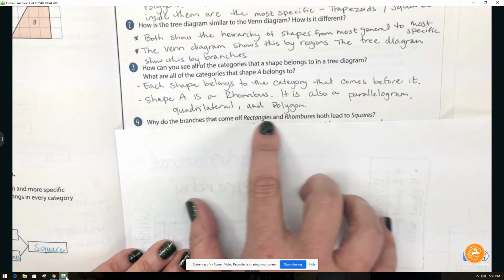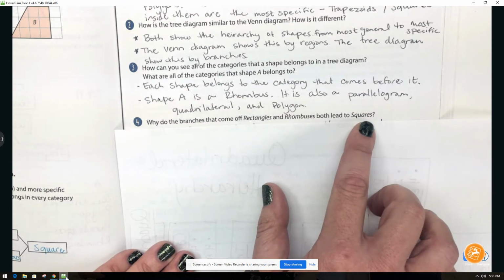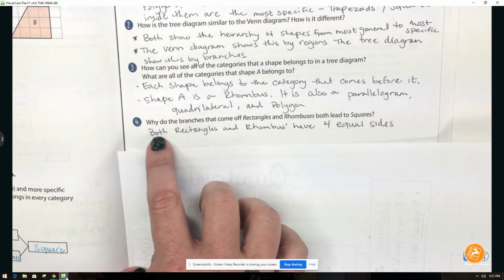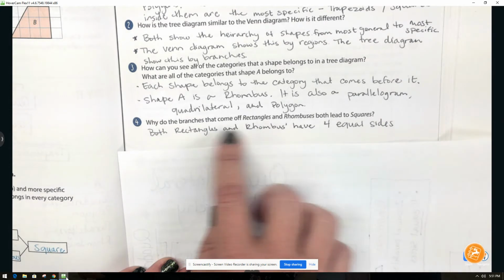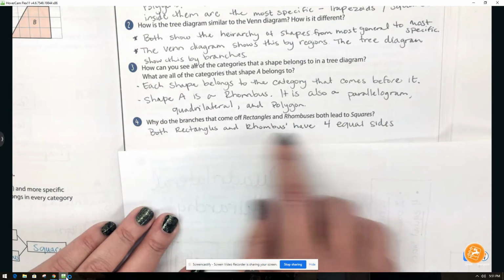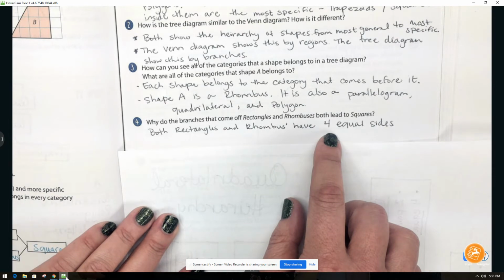Why do the branches that come off rectangles and rhombuses both lead to the square? Both rectangles and rhombuses, not rectangles. Oh, that's not what I meant to say.